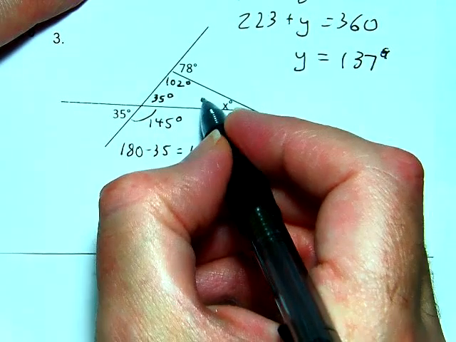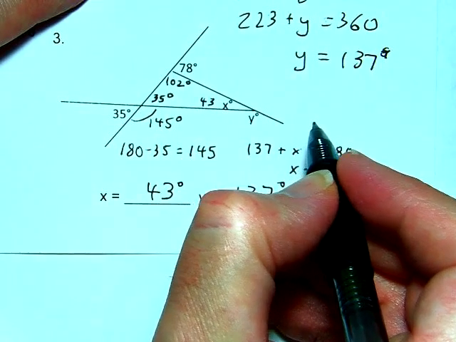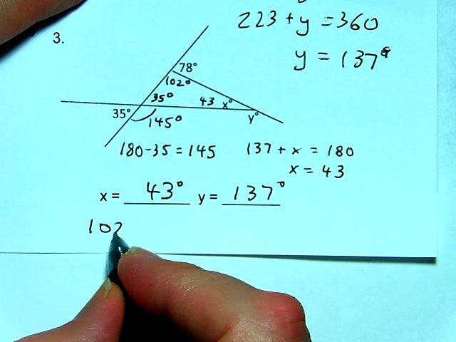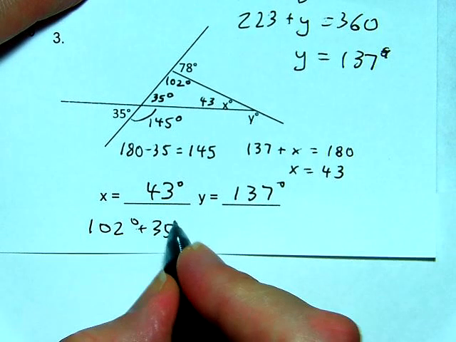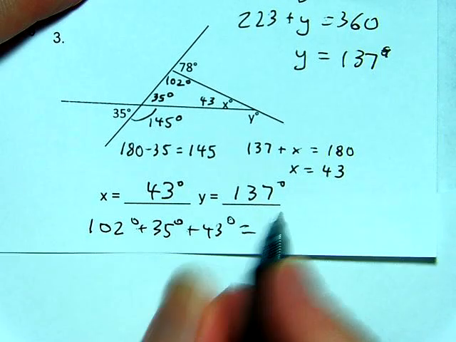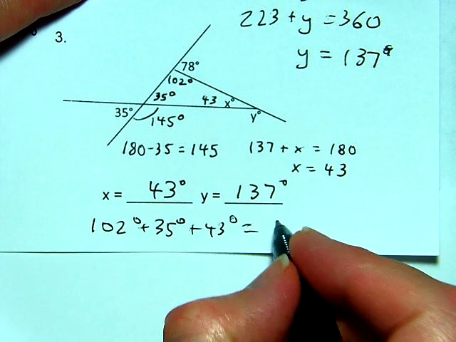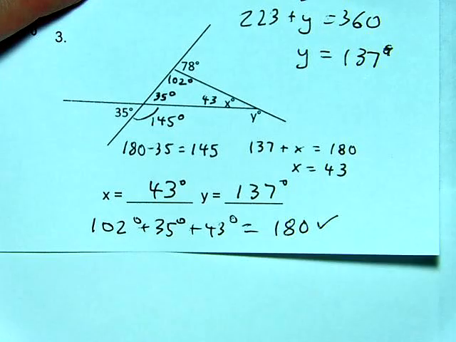We're claiming x is 43. Let's add these three together and see if they equal 180. 102 degrees plus 35 degrees plus 43 degrees, I'll take my calculator out again to double check, is equal to 180. So everything checks. The answers are correct.